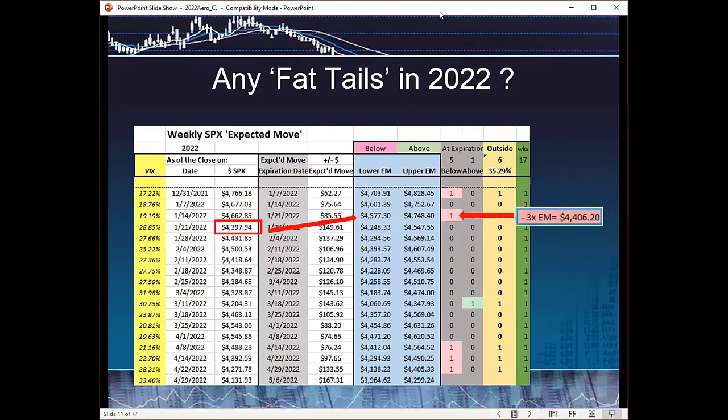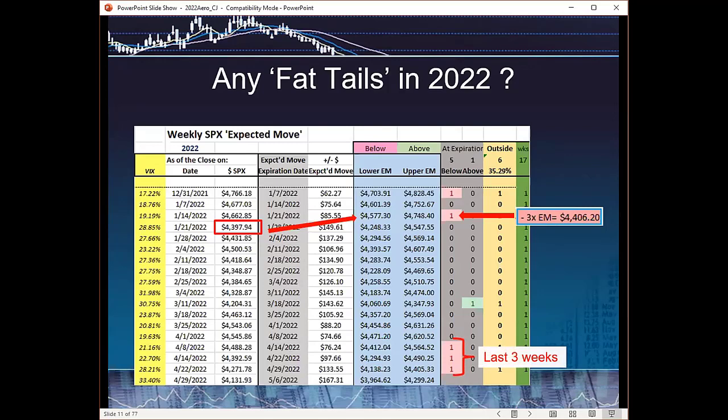That ended up being, if we looked at 3 times the one standard deviation move, a target of 44.06. And we actually closed below that by another 6-8 points. So on January 21st, we saw over a 3 standard deviation move in the S&P. That was January of this year.